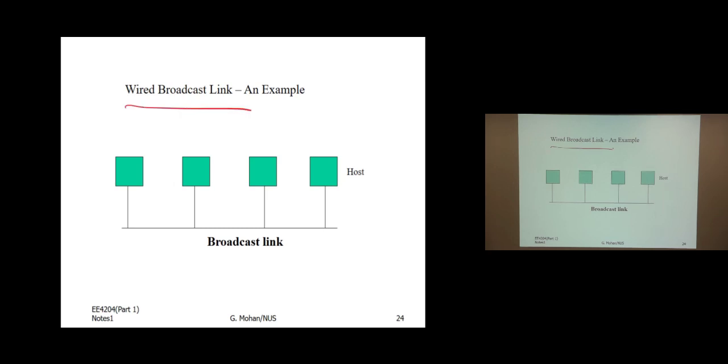So you can see that there is a link or cable. You can imagine that there's a cable running along the wall, and there are a few sockets there to which we can connect our hosts, that means our computers.